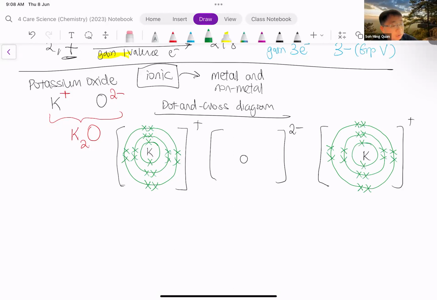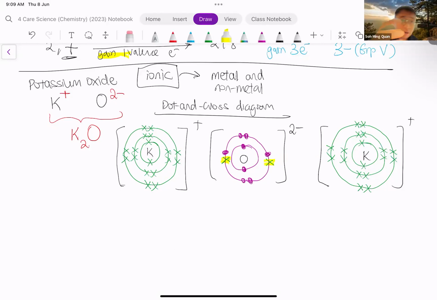How about O2-? At first it's 2,6. But now it has gained 2 valence electrons. So this is where you have to remember the 2 electrons gained must be drawn using a different symbol.